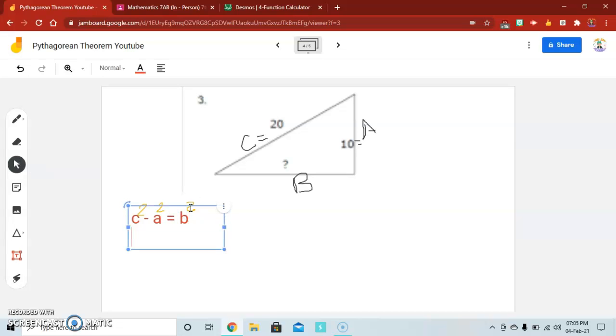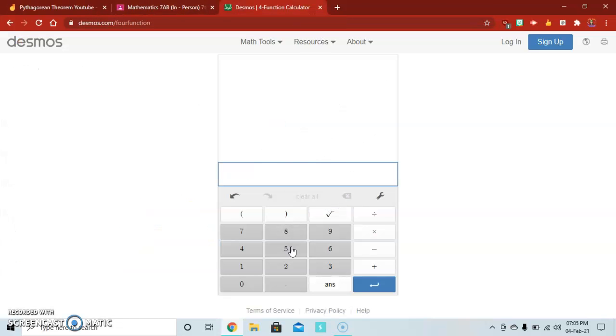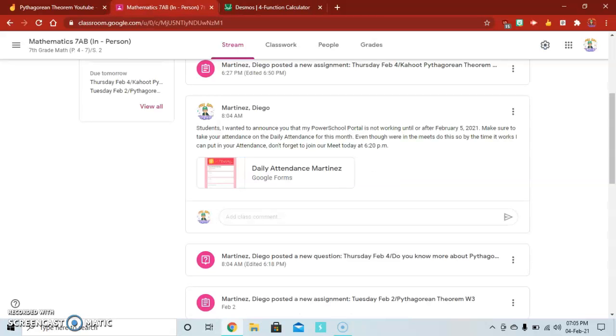Now we're going to type in the numbers. So C squared is equal to 20 squared minus, remember it's a minus sign, sorry, 10 squared is equal to B squared. Now you're going to multiply by itself. 20 times 20 is 400.